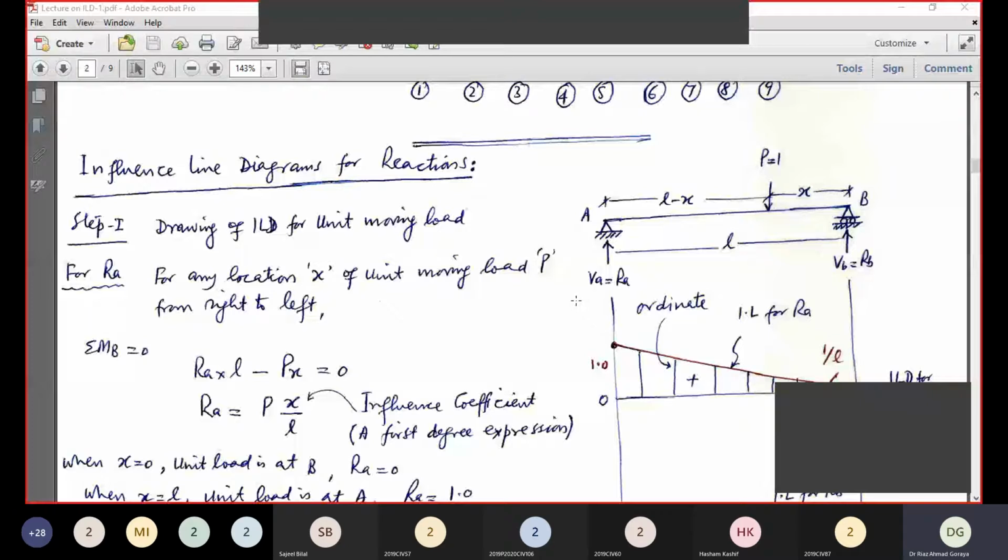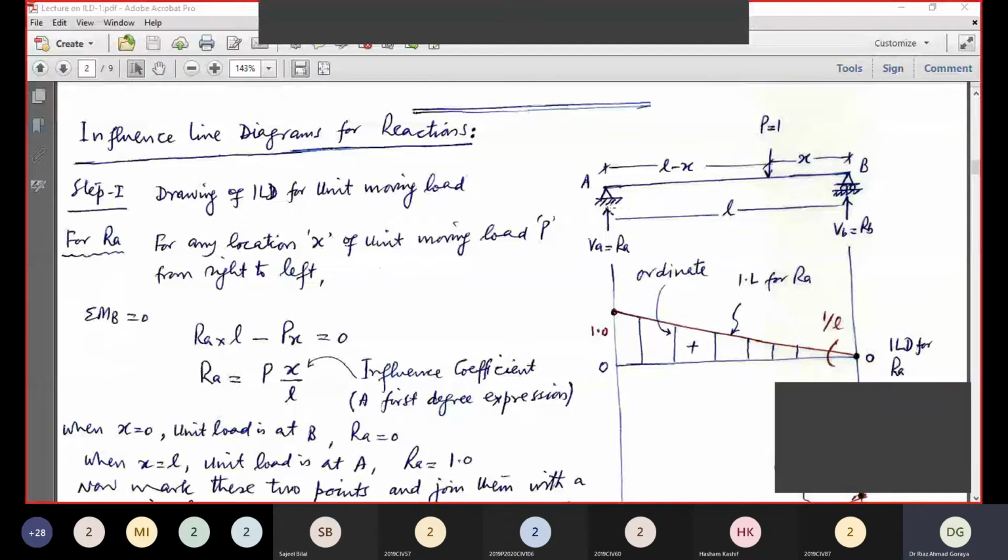It is again a simply supported beam, support A and support B. Now this unit load P moves from B to A, from right to left. Let at any time interval, it is at a distance x from support B. And surely from support A, it will be L minus x because the total span of the beam is L. So these are two reactions, RA and RB.